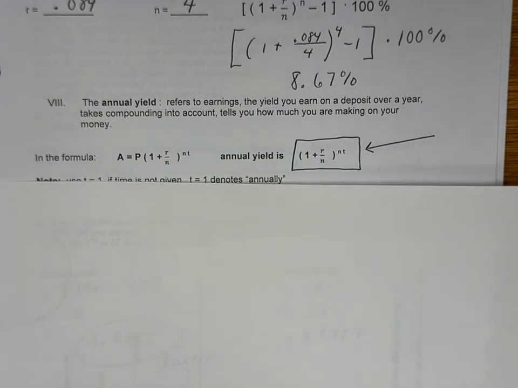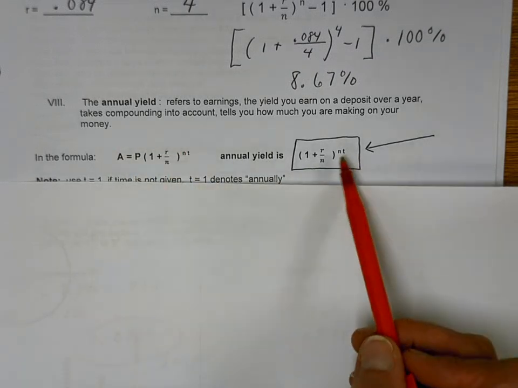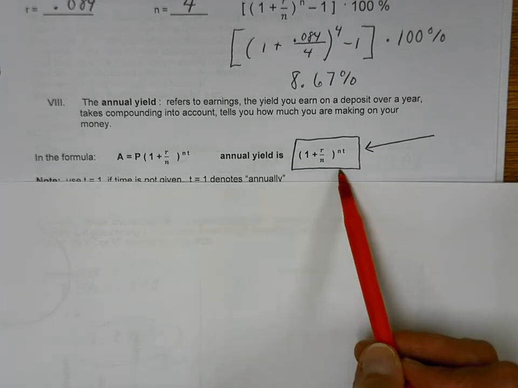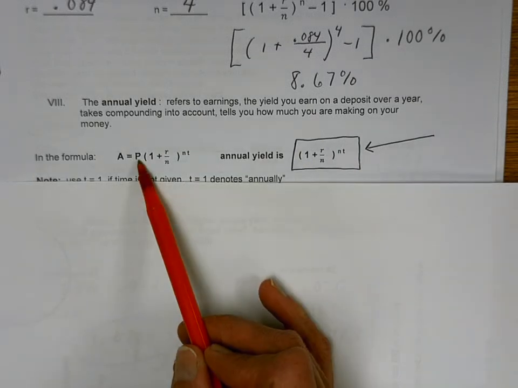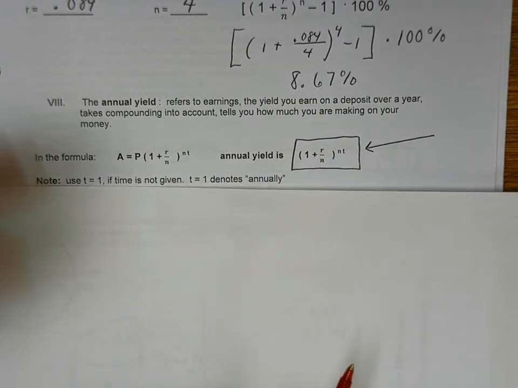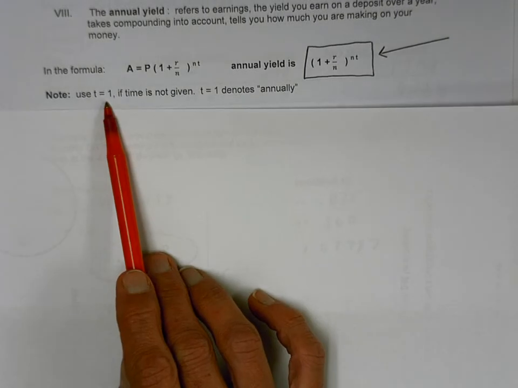Now, in the formula that we've been using, this part right here is the formula for annual yield. You don't look at the P and you don't look at the A. It's right here. If time is not given, you assume that they're talking about 1 year.